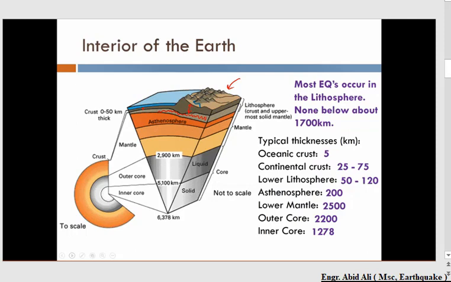The continental crust varies in thickness between 25 to 75 kilometers, depending on where you are located. Then if we move below the crust, we get into what's called the lower lithosphere, which I have highlighted right here, and it ranges in thickness between 50 and 120 kilometers.